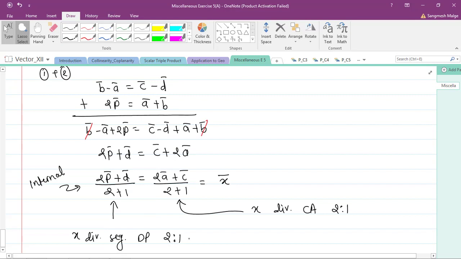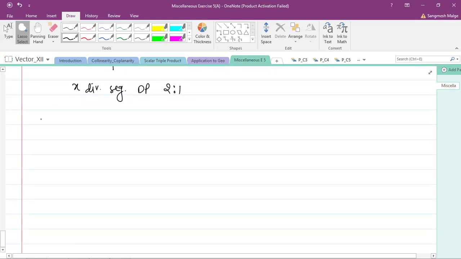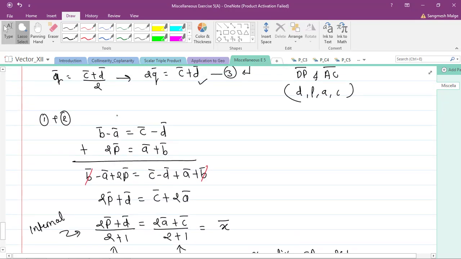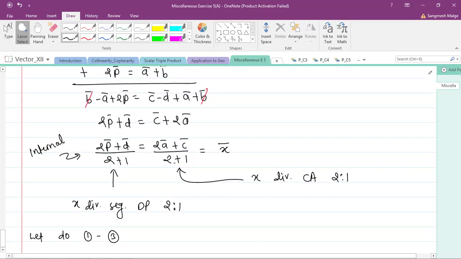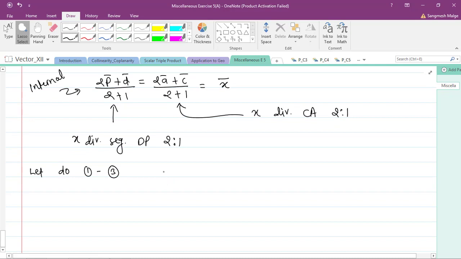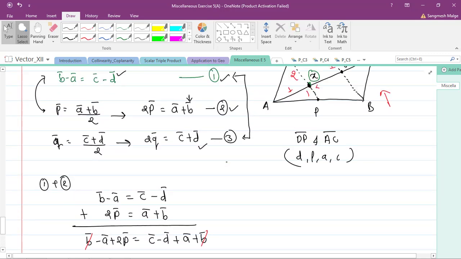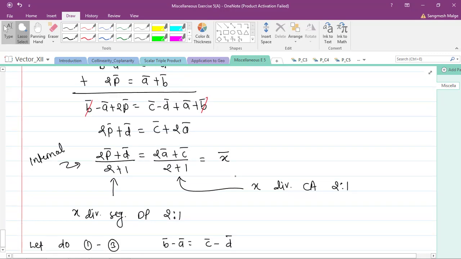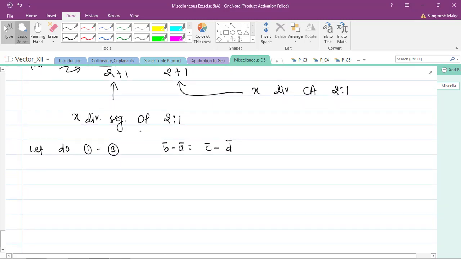So let's do 1 minus 3. In equation 1 we have B bar minus A bar equals C bar minus D bar, and in equation 3 we have 2Q bar equals C bar plus D bar.